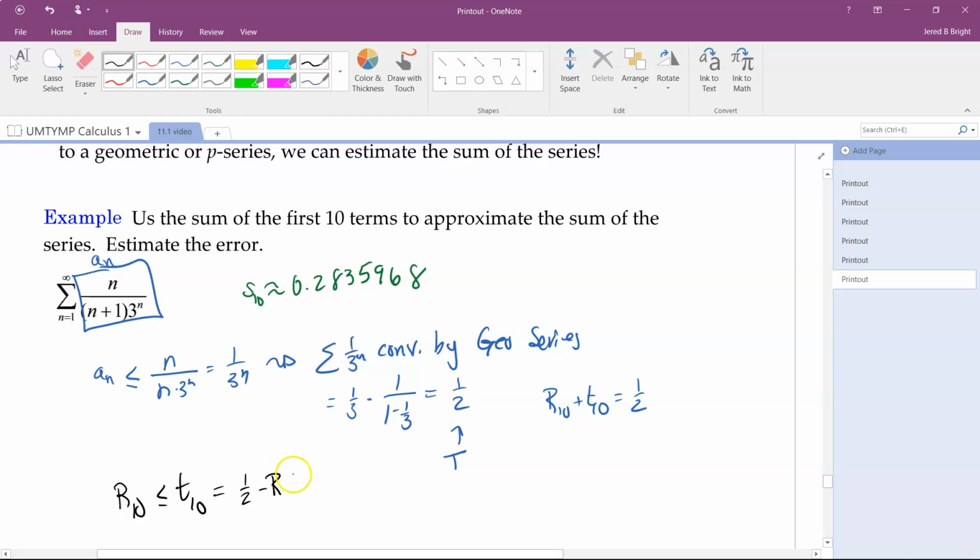Okay, I need to develop some new notation: the remainder for the B series corresponding to the first 10 terms.